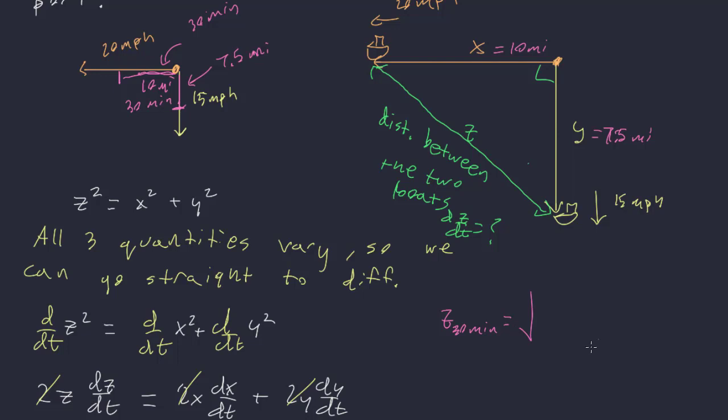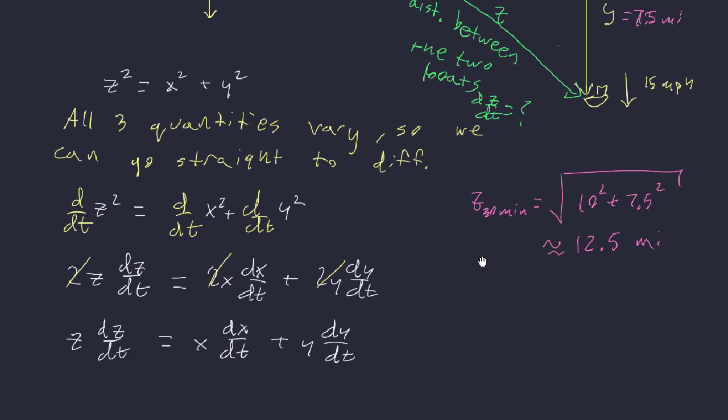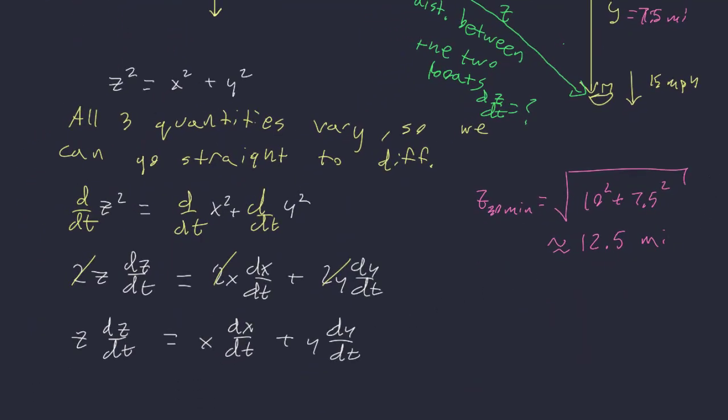Skipping a couple steps here, it's basically the square root of 10 squared plus 7.5 squared, which comes out to be right about 12.5 miles. Okay, so that should give us everything we need now to fill this all in.